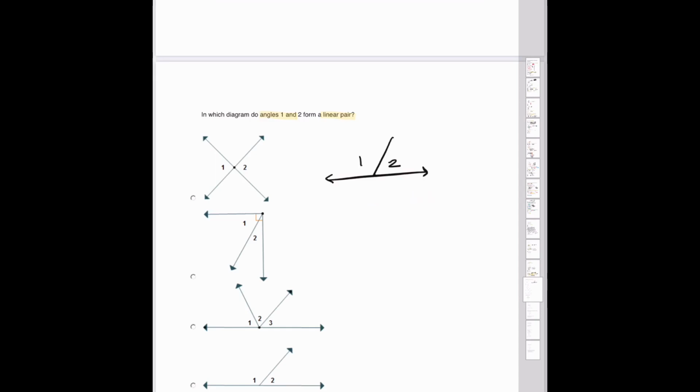Here we have two adjacent angles that share a line, making them a linear pair. Well, it's reasonable to assume that the diagram that matches this most closely is, in fact, diagram D.